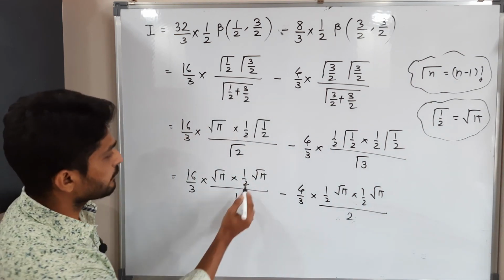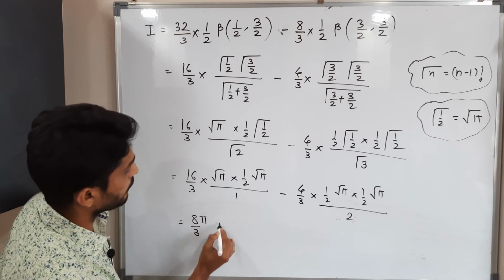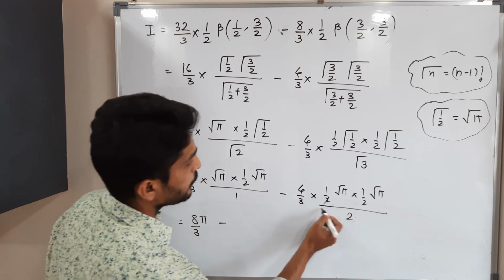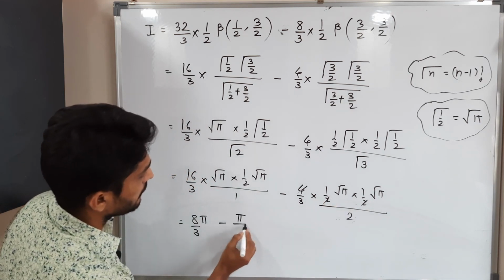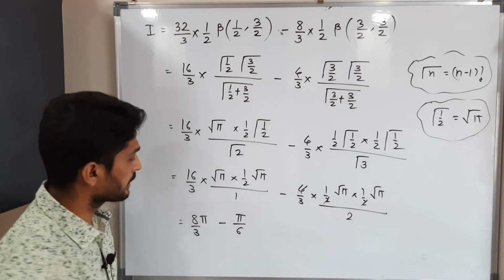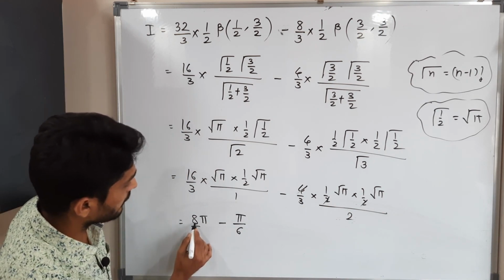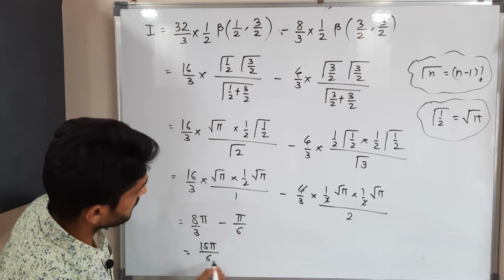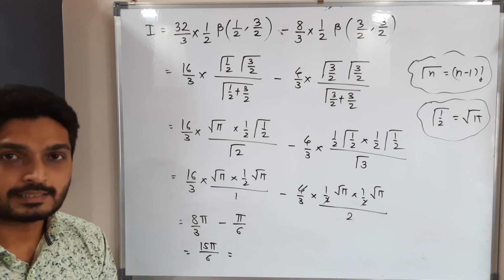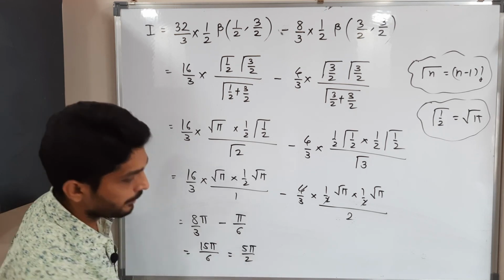So we can cancel few terms. 2 will get cancelled, 8 by 3 pi, minus here 2 to 4 will get cancelled. So pi by 3 into 2, 6. So this is equal to 8 into 2, 15 pi by 6. Correct now? We can cancel 3 from both sides. So 5 by 2. This is the required answer.